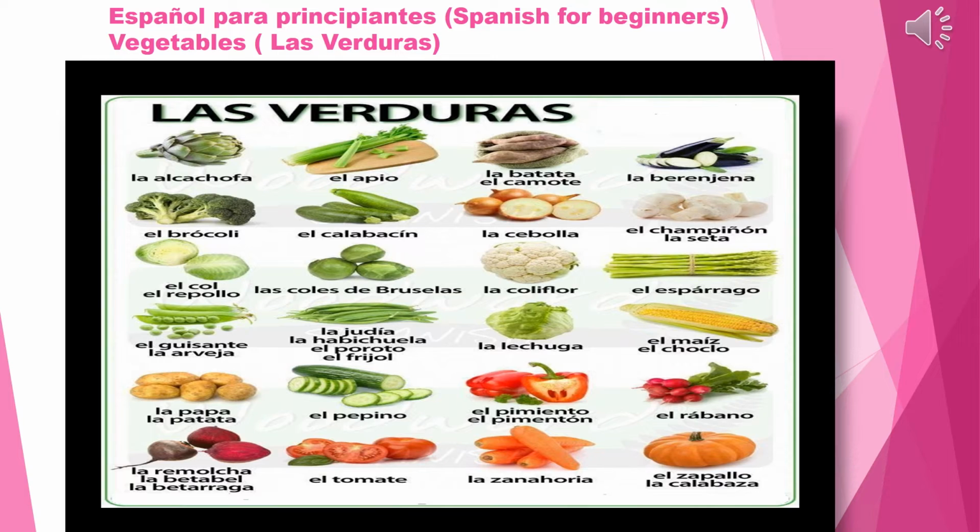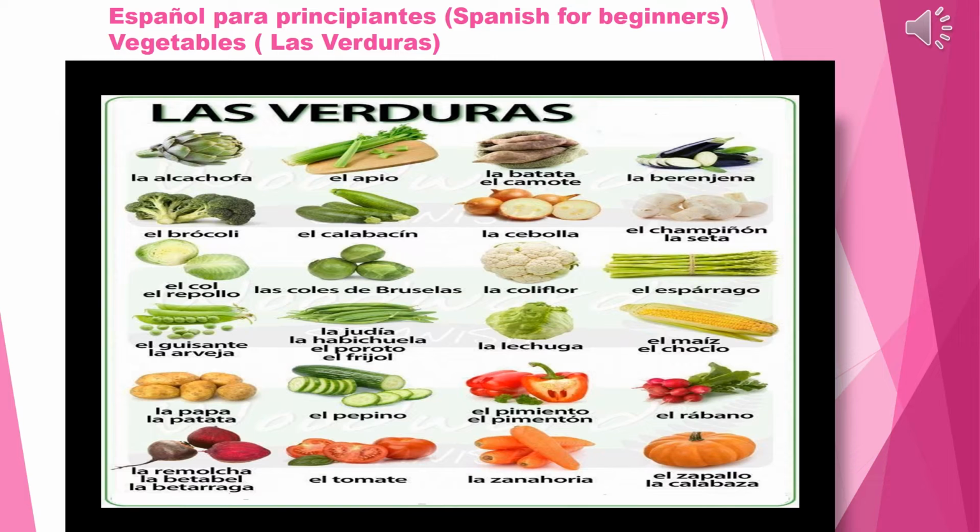El guisante. So that one, is it what you call French beans? No, it's not beans.